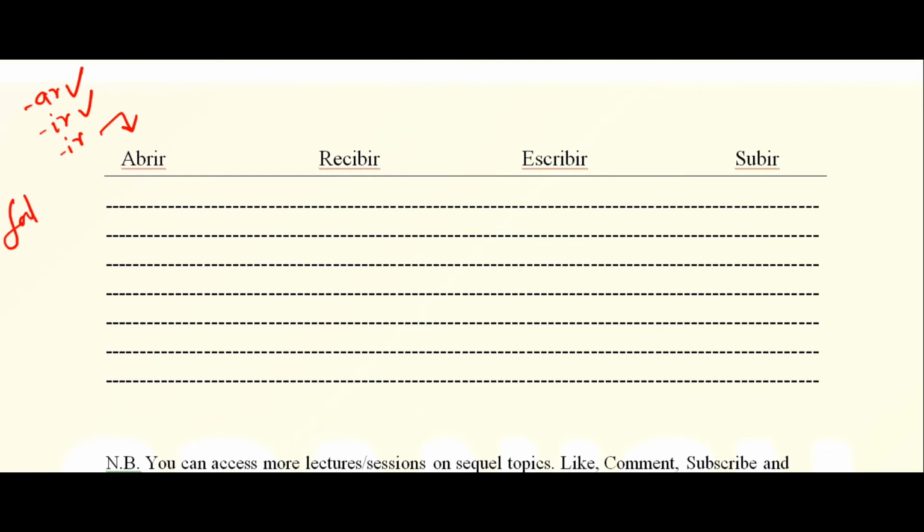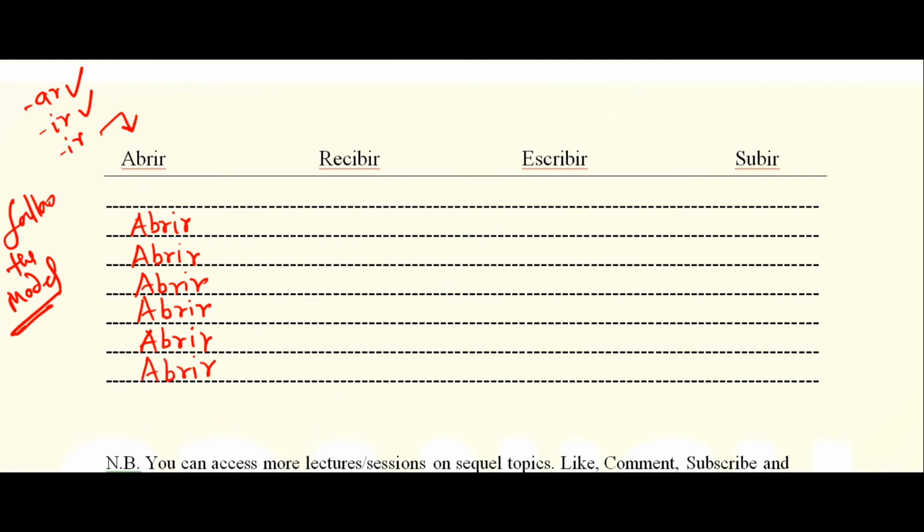This middle one is ER. Okay, for IR ending verbs, follow the model. We have to copy the verb 6 times. Abrir, abrir, abrir. Abrir means to open. And for first, second, third person singular and plural, we have to write it 6 times.